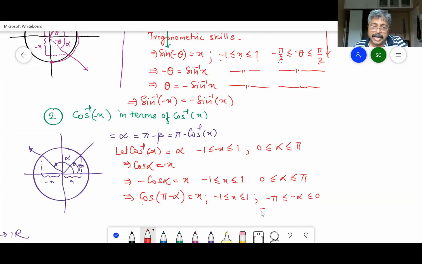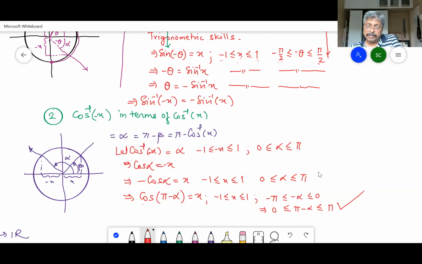Then I will add pi, that makes it 0 less than or equal to pi minus alpha less than or equal to pi. Oh, this is good. This is the range of cos inverse. Therefore, pi minus alpha, if it is taking good care of opposite of cos alpha, then it is acceptable.